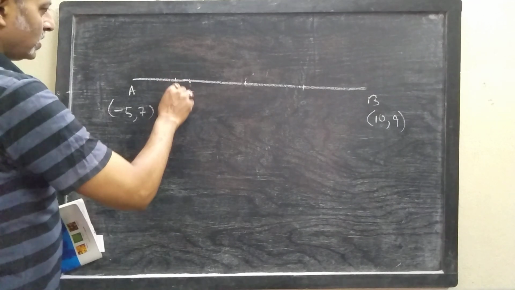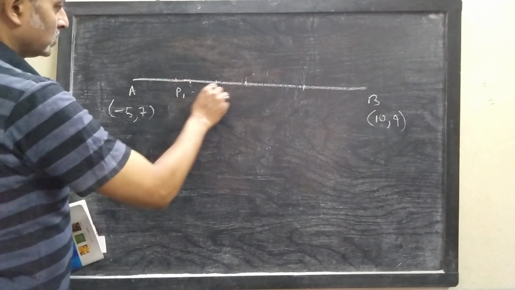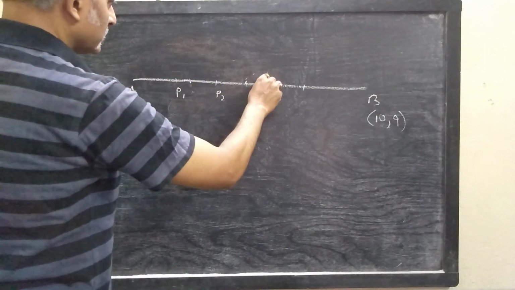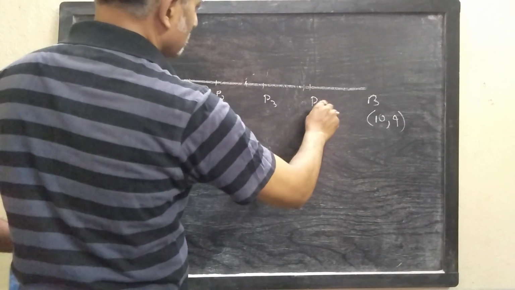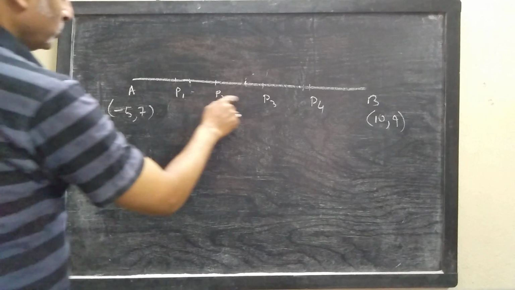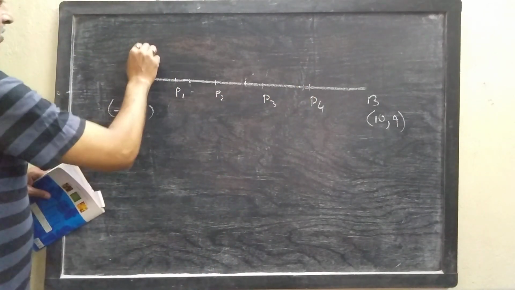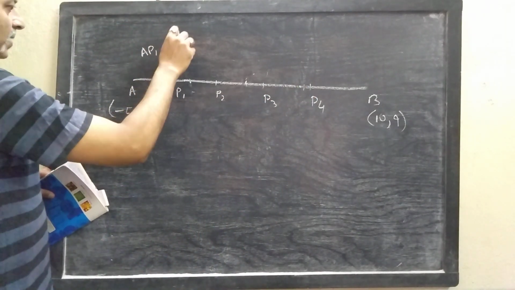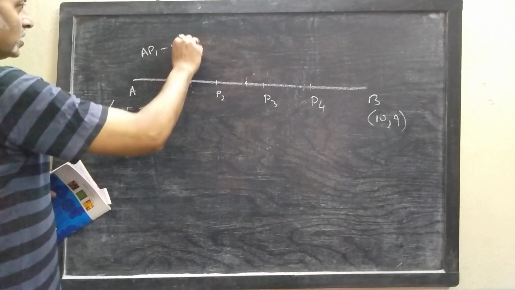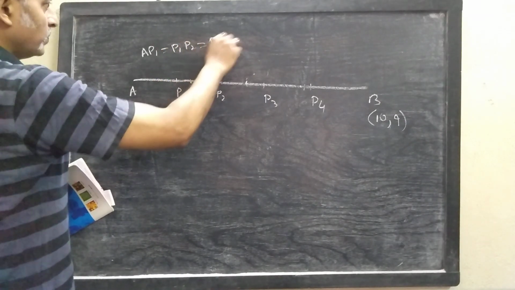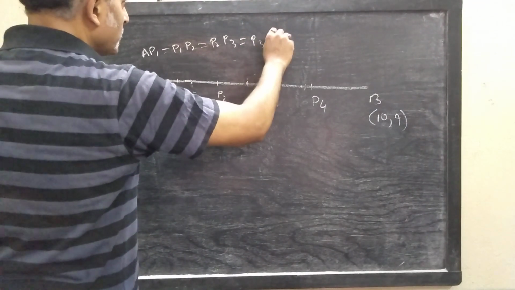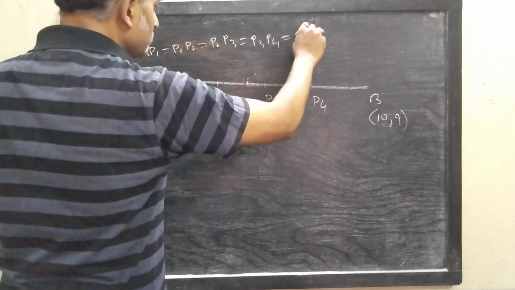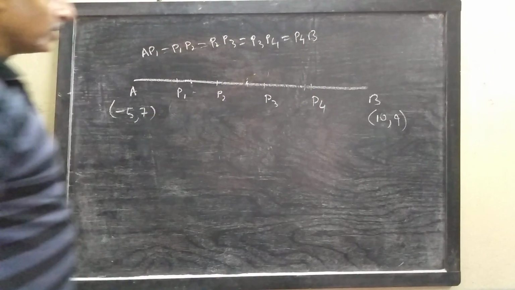Say P1 here, P2 here, P3 here, P4 here. 1, 2, 3, 4, 5. Here AP1 equals P1P2 equals P2P3 equals P3P4 equals P4B.